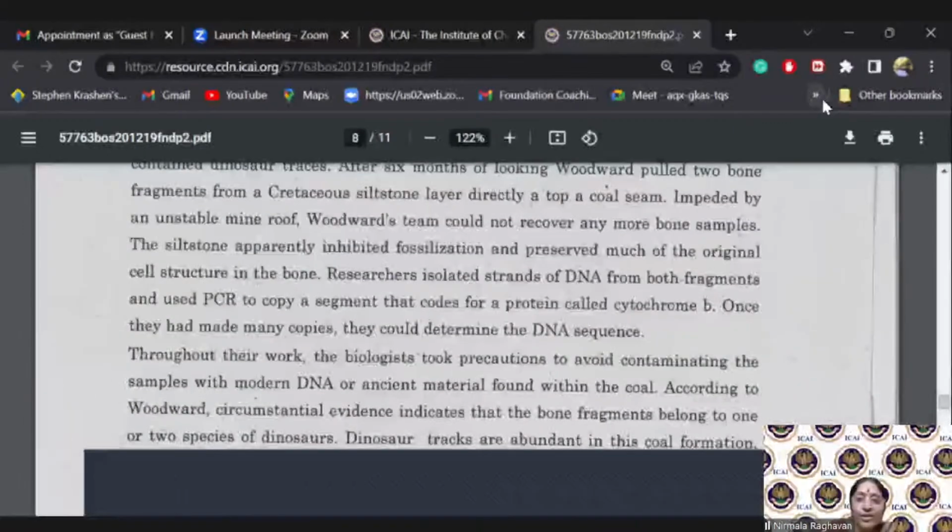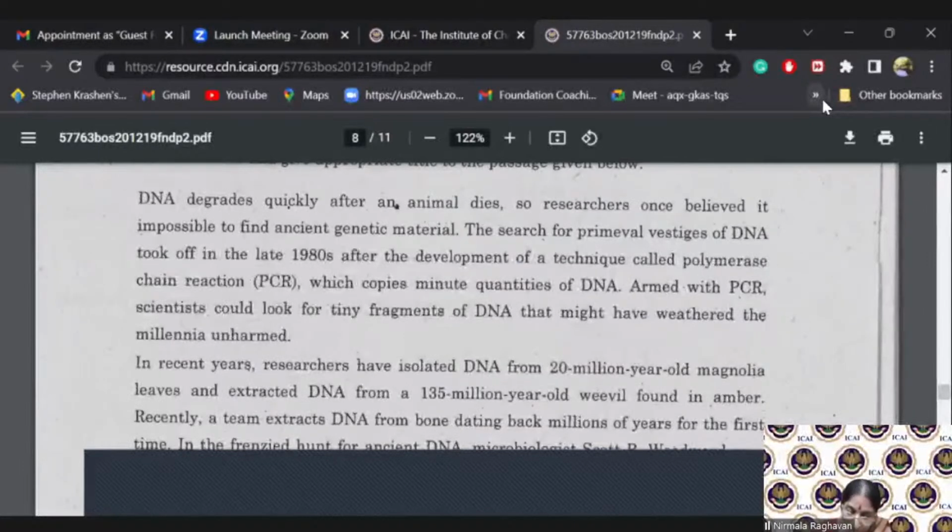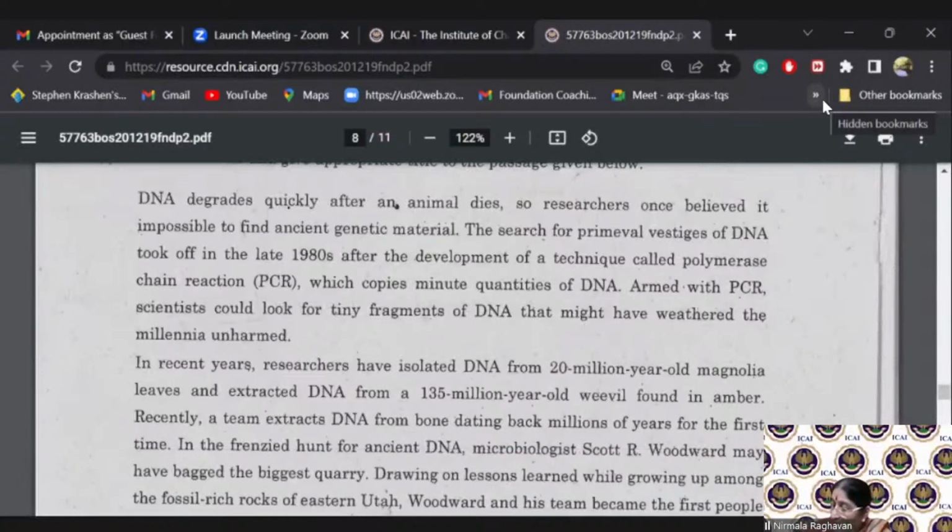So that's 26 lines. So 12 into 26, 312. Am I right? Total number of words, 312 words.